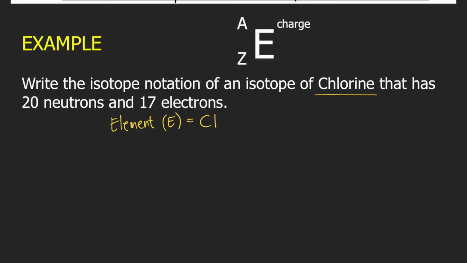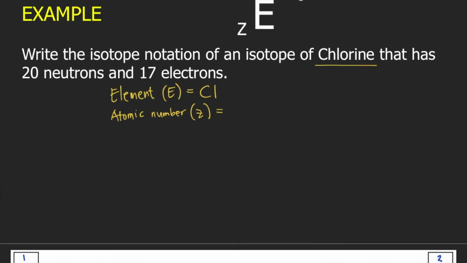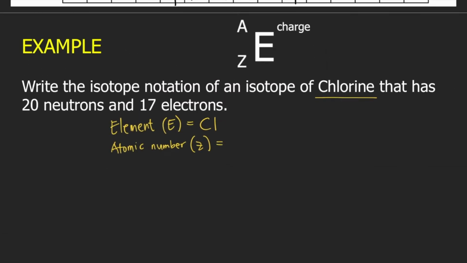Now, Z is the atomic number. We need to look at the periodic table for the atomic number of chlorine. When we look at our periodic table, the atomic number of chlorine is 17. So Z is equal to 17.